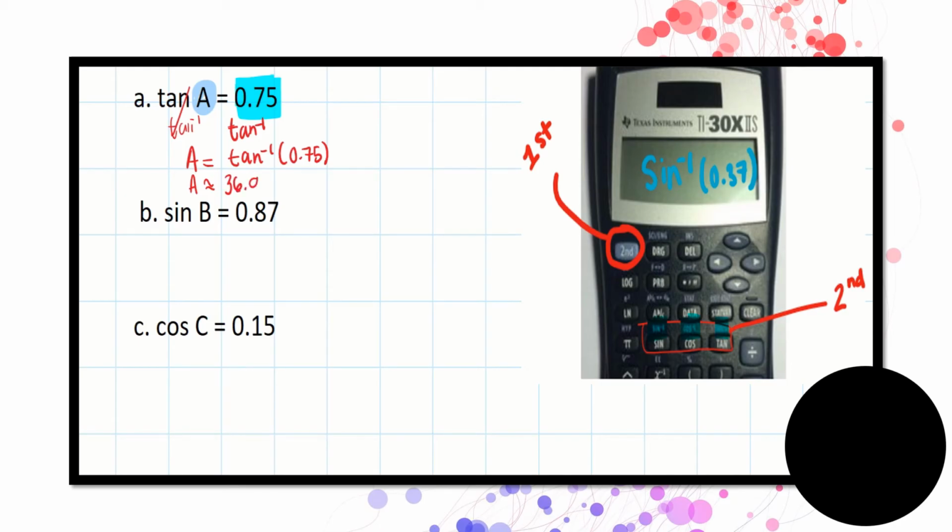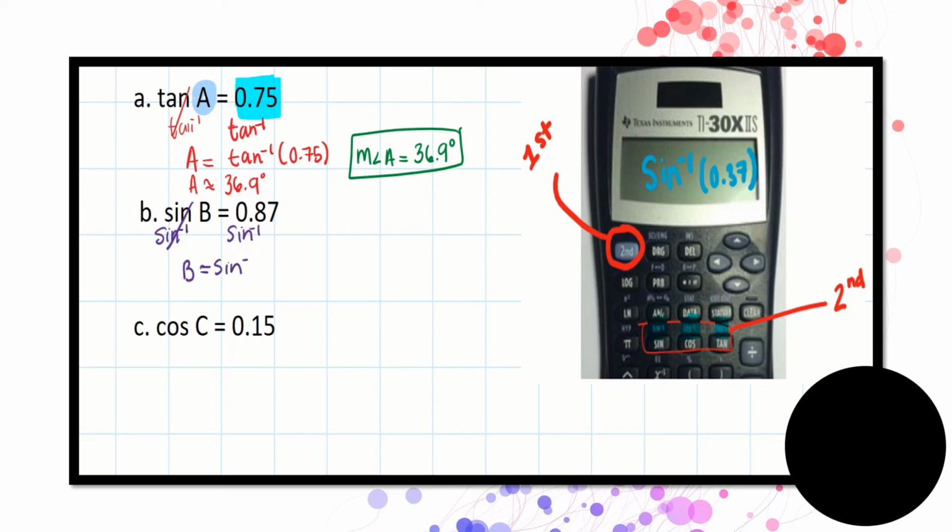Then we're going to use our calculator to get an approximation of what that is. Go ahead and try it on your calculators to make sure that you know how to use that function, and then you are getting that same answer as us. So we get 36.9 degrees. That means that in your right triangle, angle A measures approximately 36.9 degrees.